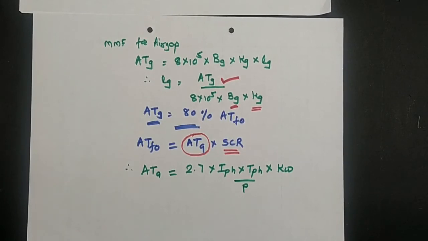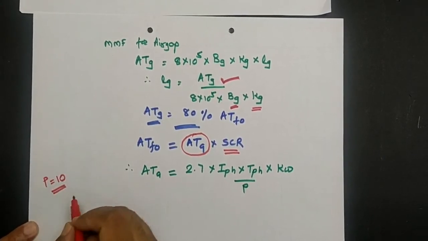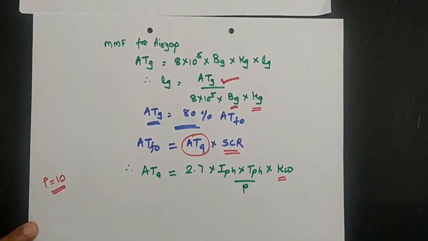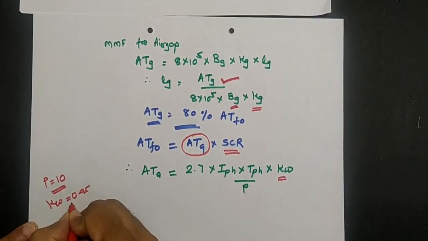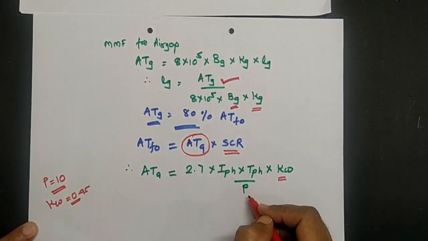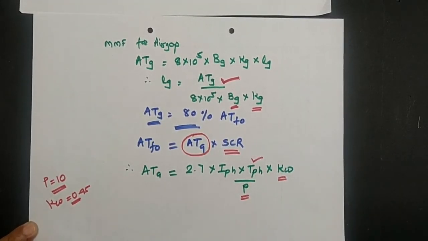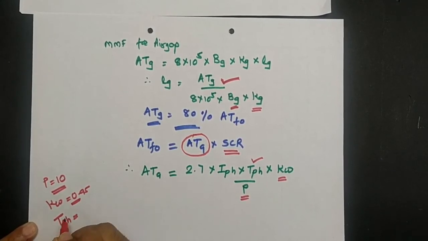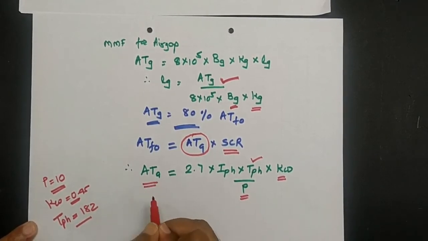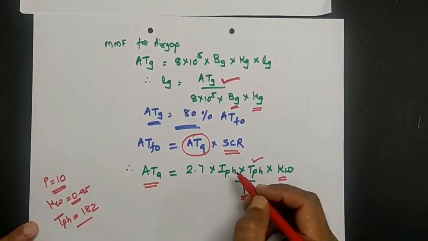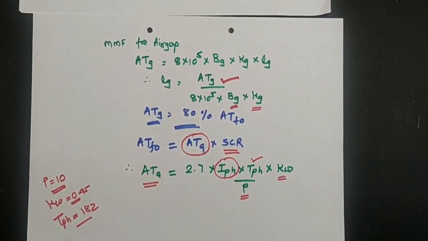The number of poles P is 10, kW is 0.95, and turns per phase is given as 182. So to calculate ampere turns for armature, we need to calculate I phase, that is current per phase.